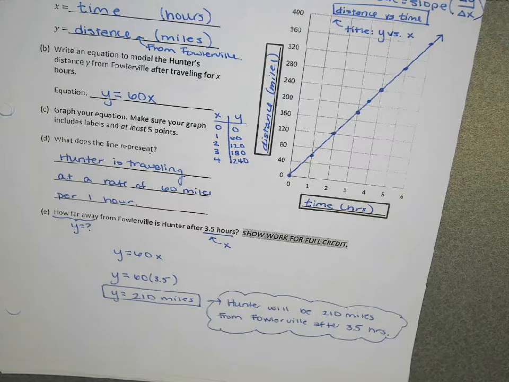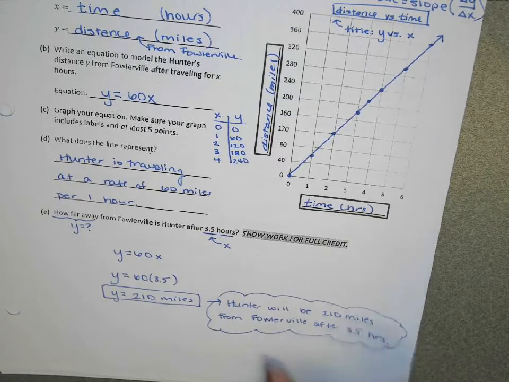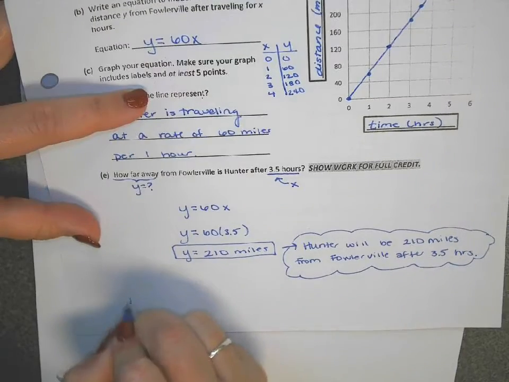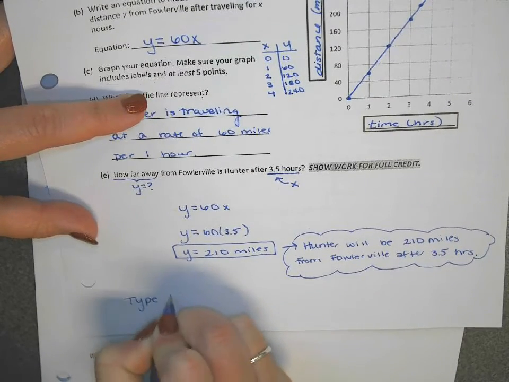Okay. All right, if you flip this over, there is another example. There are two different types of story problems you will deal with. The first one, we'll write it down here on the bottom.